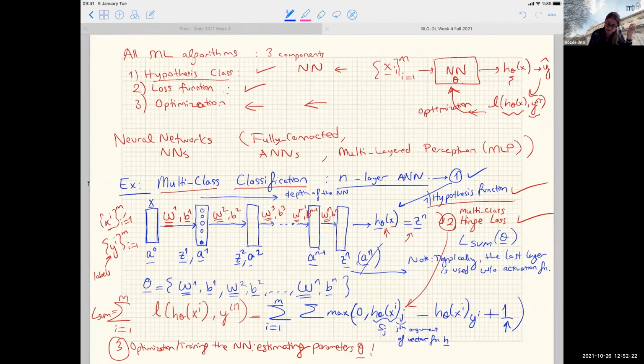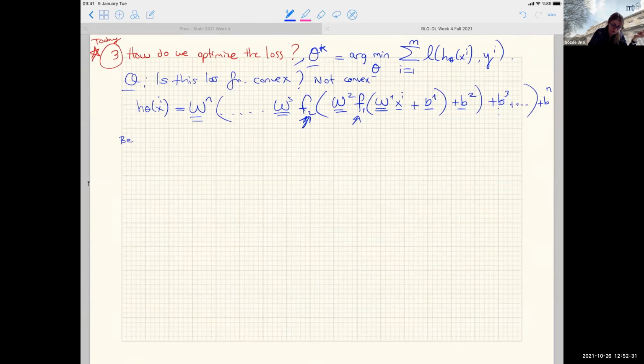Even if some of those functions were convex, actually, remember? The loss function stayed convex because before we had the simple linear hypothesis class.